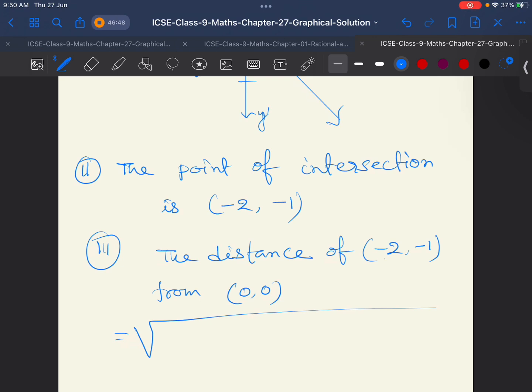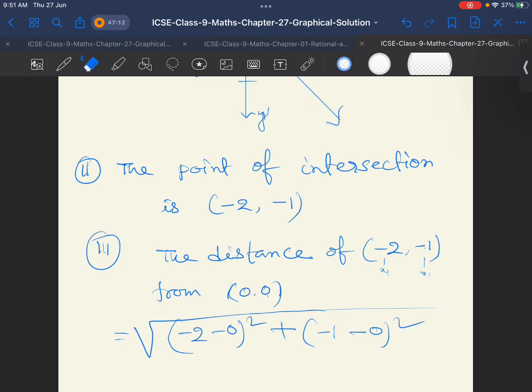of the point of intersection from the origin (0, 0) is given by the distance formula. This is x1, this is y1, this is x2, and this is y2. So the square root of (x1 - x2) whole squared plus (y1 - y2) squared.